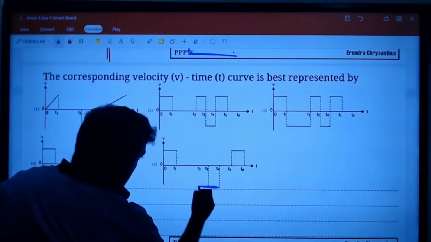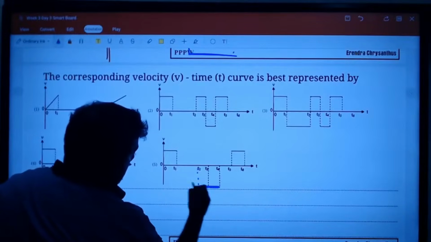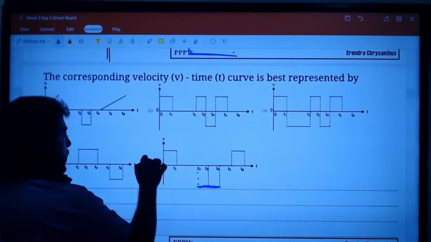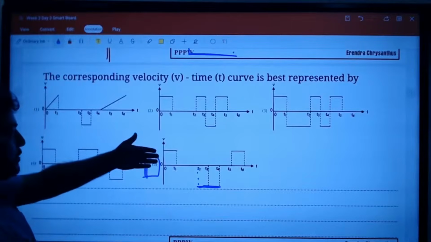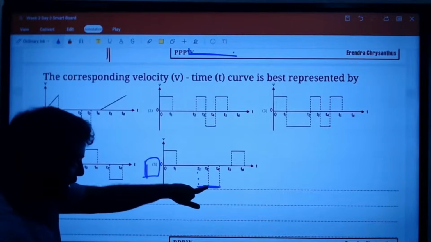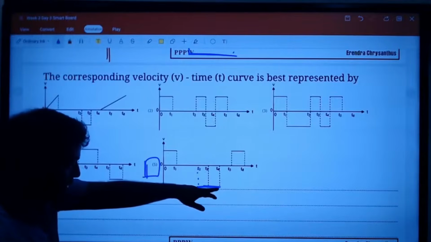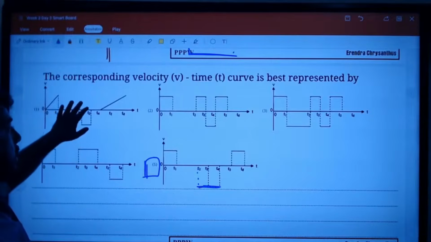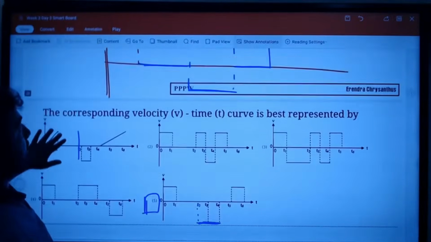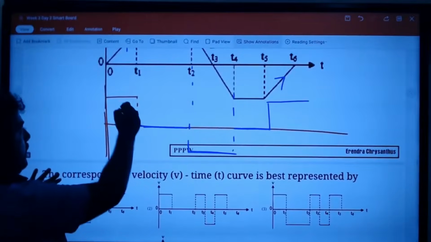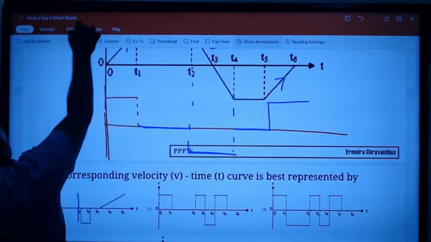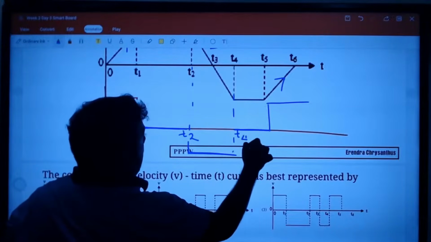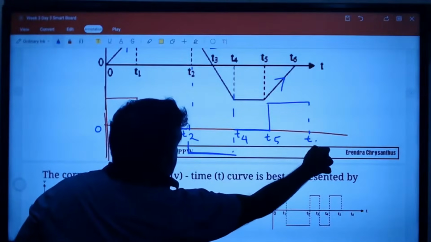T2 to T4 negative, this should be connected up to here. There is a small typing error. From here to here, then it is correct, because even the one I drew here is correct. 0 to T1, T1 to T2, T2 to T4, T5, T6.